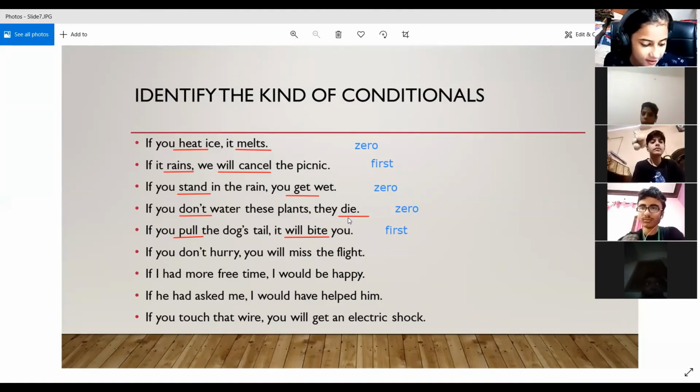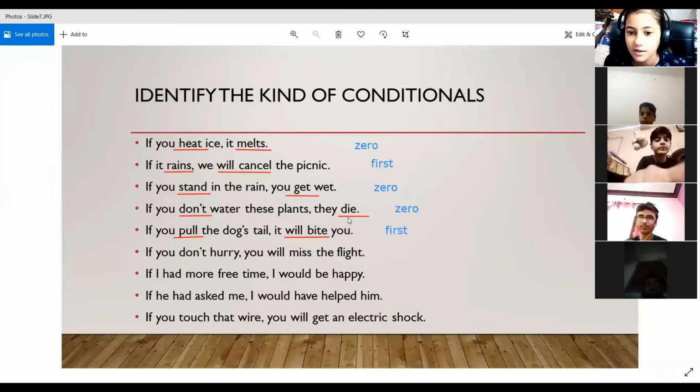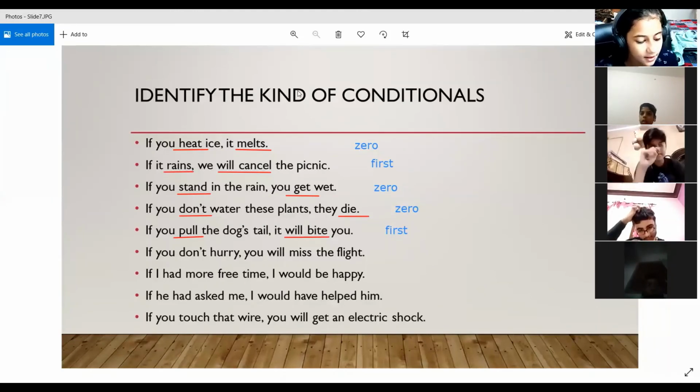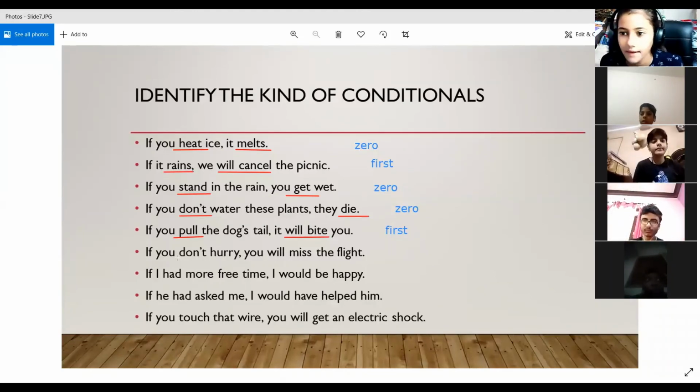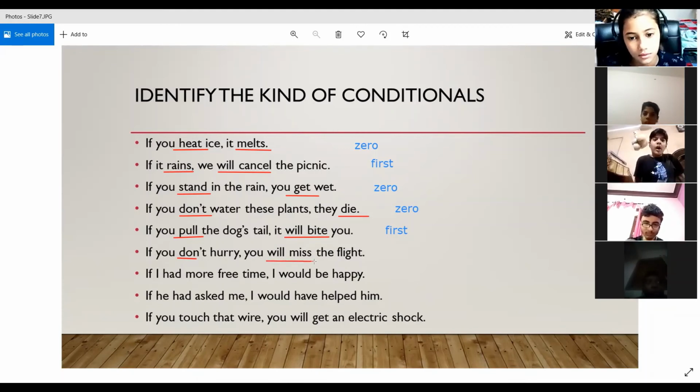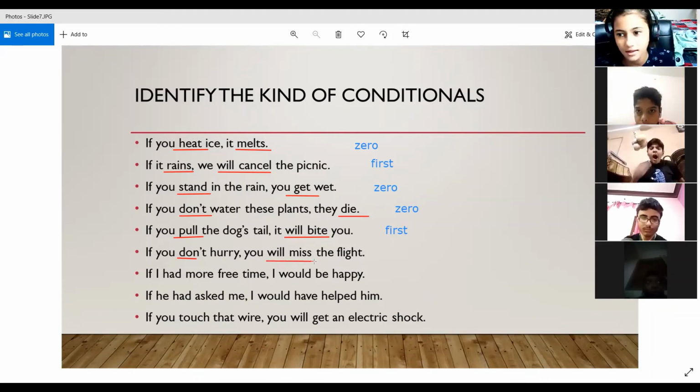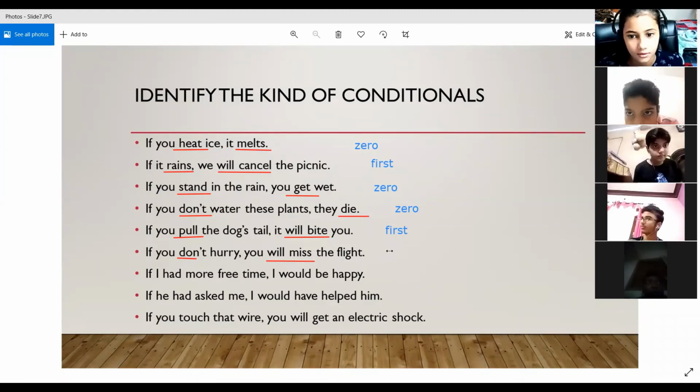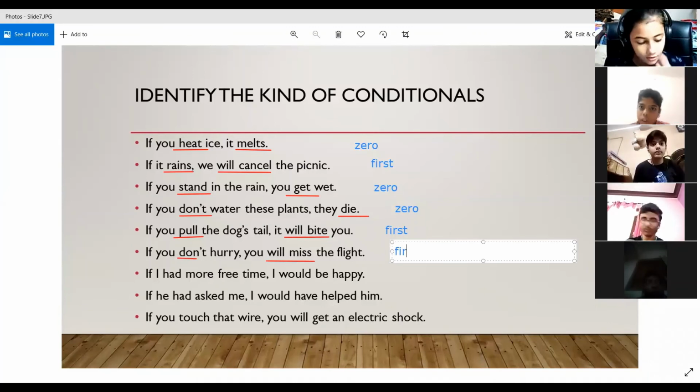Because in the main sentence there is the verb will, and in the if clause there is the present form. Do is the present form, and will miss is the simple future. So, sir, it is a possible condition. Yes, it is a possible condition. So we can say that it is first conditional.